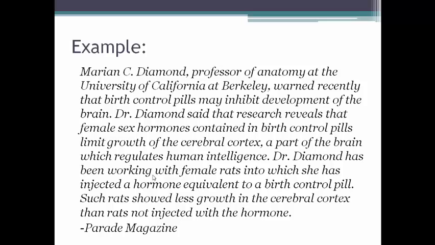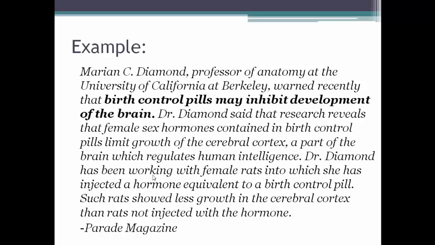Okay, so this seems like a good one to break down for what's going on in an inductive argument that you find in a passage like something in a magazine. Let's start by identifying the conclusion. The conclusion is this: birth control pills may inhibit development of the brain.